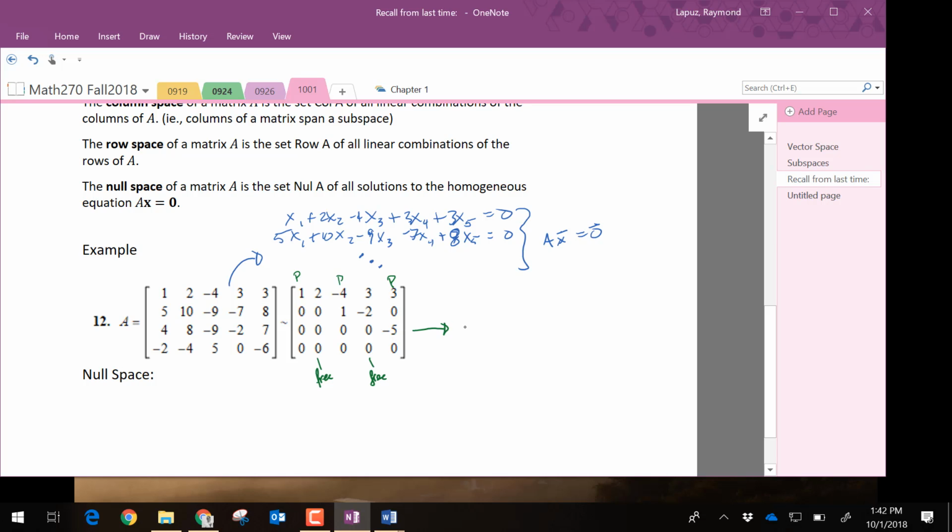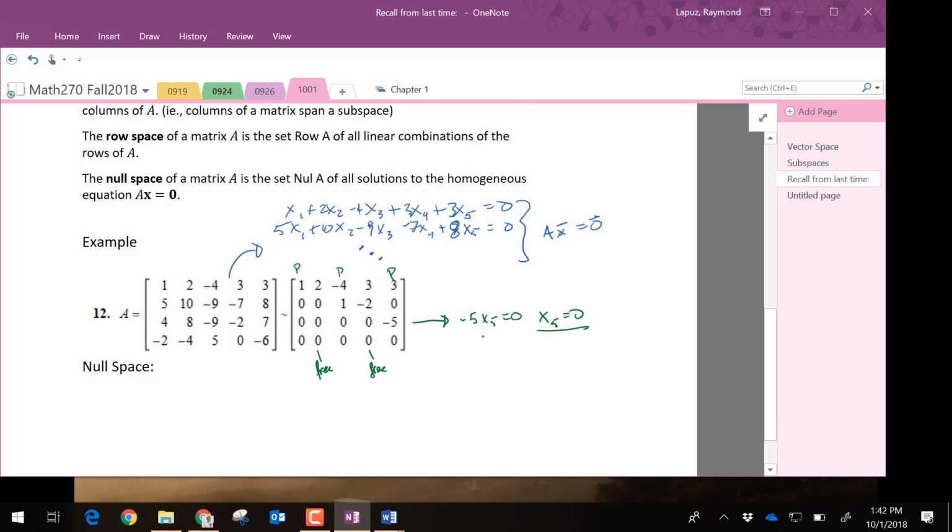We have negative 5 times x5 equal to 0, which means x5 is equal to 0. x4 is free, and for x3, we have 1 times x3 minus 2x4 equal to 0. And since x4 is free, I'm not going to substitute anything there. I'm just going to solve for x3.